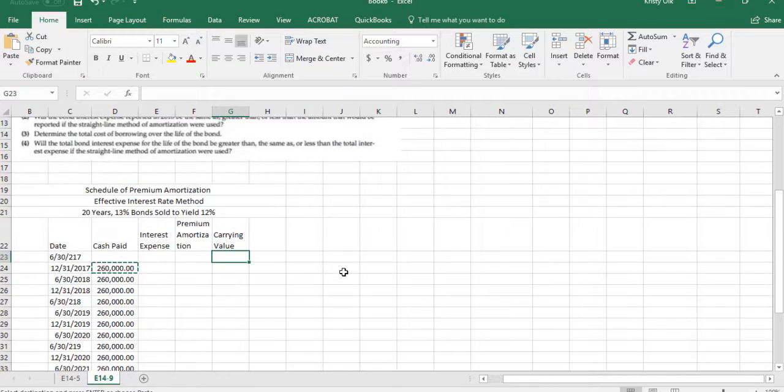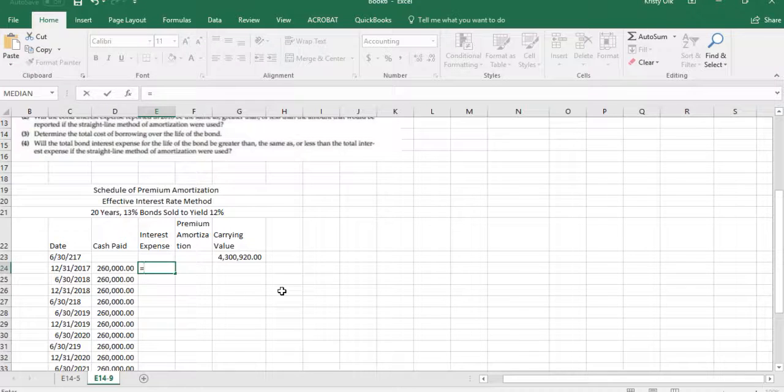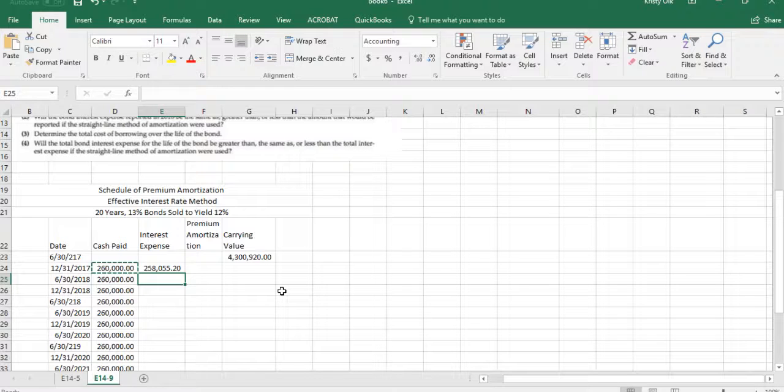We know the beginning carrying value of these bonds was the equivalent of the full proceeds received. We know the effective yield for the interest. That is 12%. But again, that's 12% annually. Every time we do an entry, it's going to be for half of the year, not the full year.